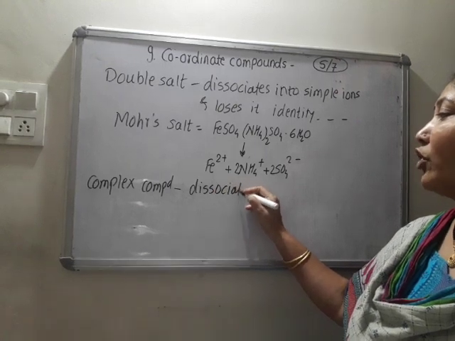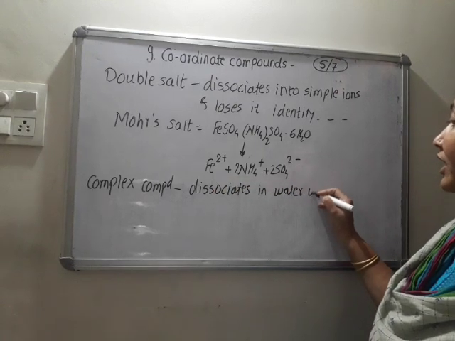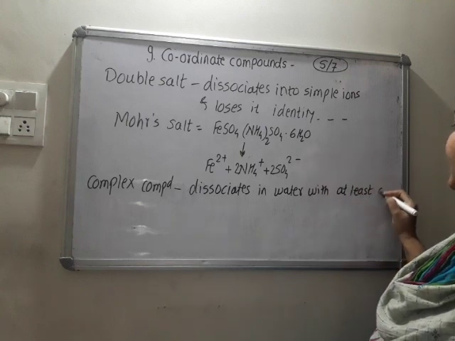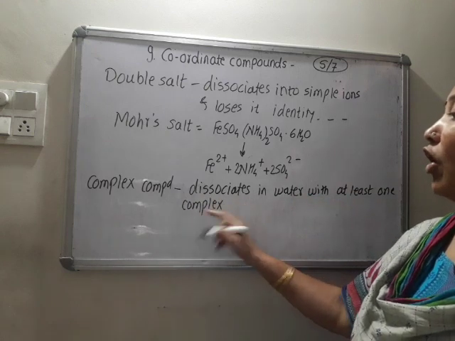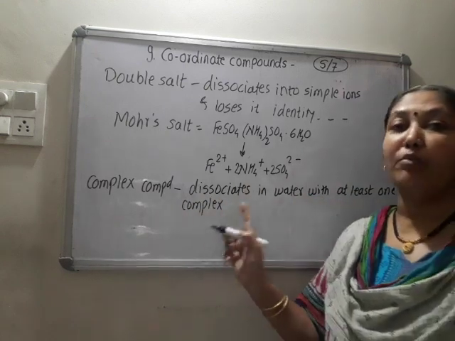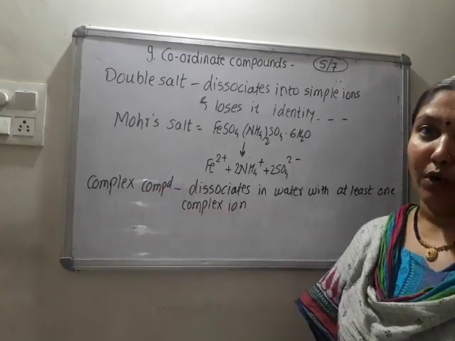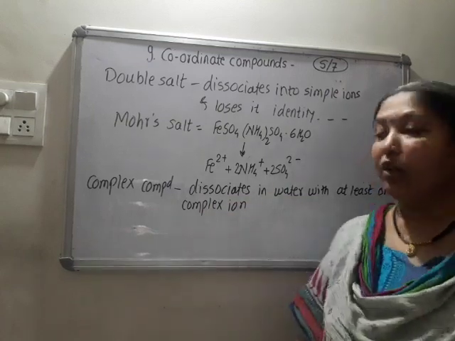The wording is important: at least one complex ion must be there, then it is called a complex compound. And the complex ion does not lose its identity in water.